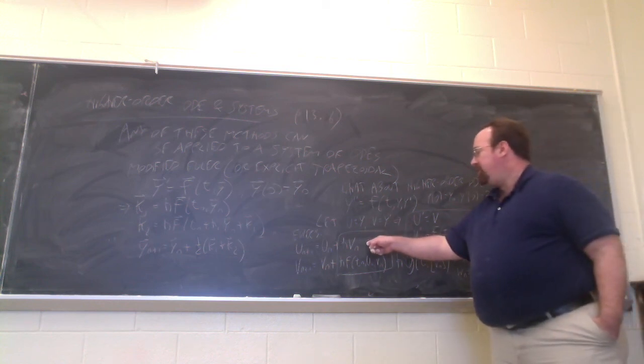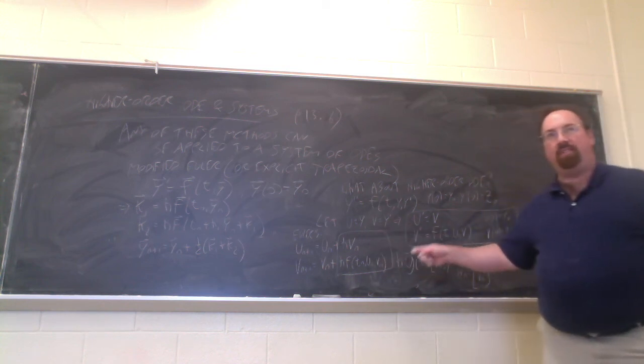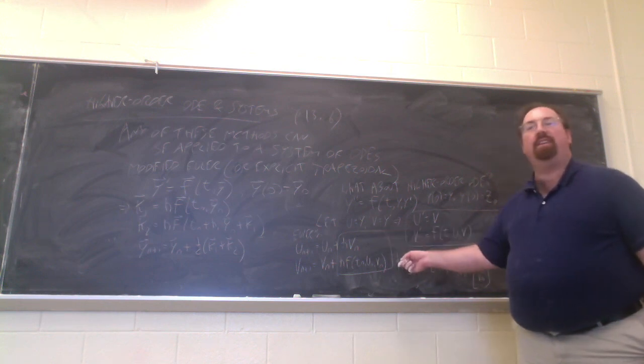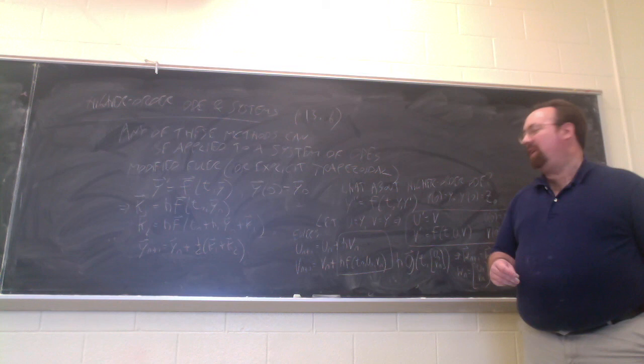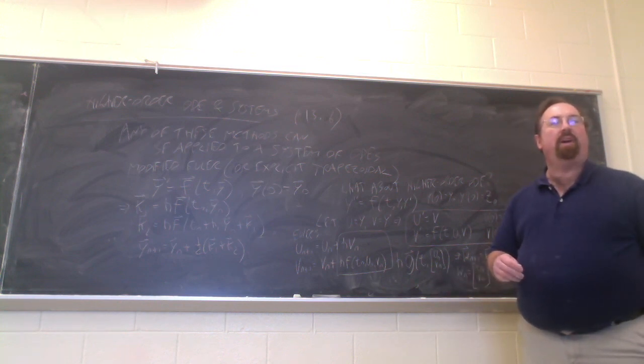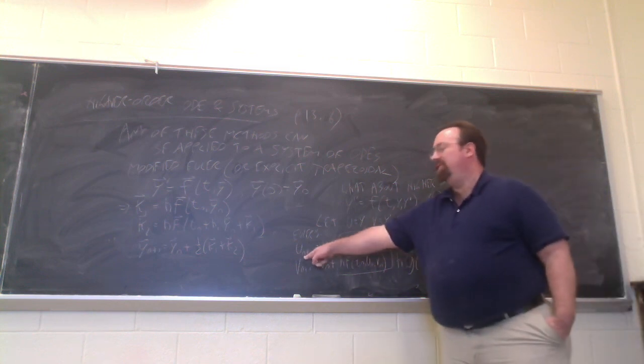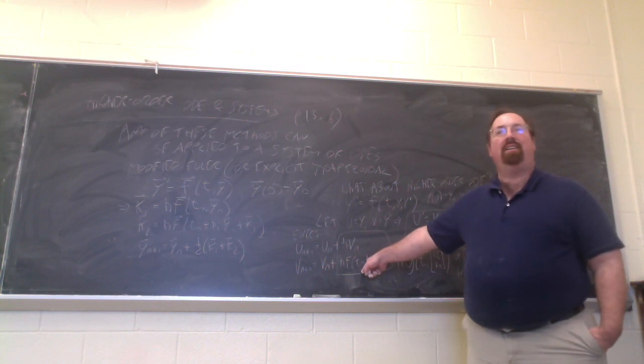What could be changed in this particular case to make this a little more accurate? Well, how could I change the second line? Notice here I compute a new value of u up here. And I don't bother using it down here.